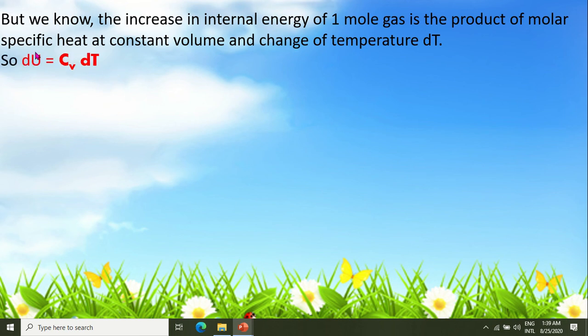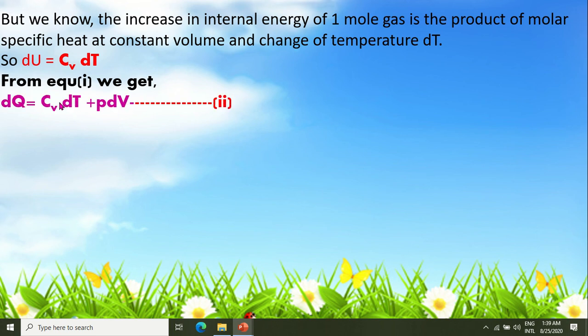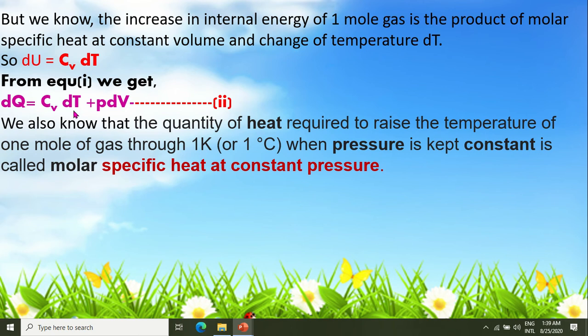So the change of internal energy of 1 mole gas is the product of specific heat at constant volume and change of temperature dT. dU equal to Cv dT. Equation 1 was dq equal to dU plus P dV. So in place of dU we can put Cv dT and it becomes dq equal to Cv dT plus P dV, equation 2.